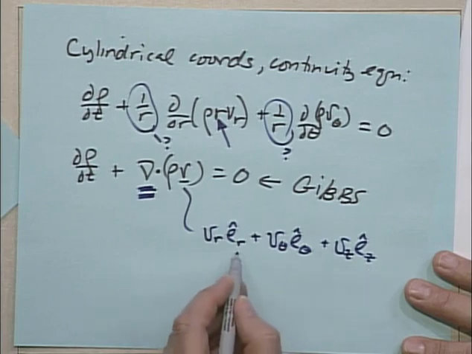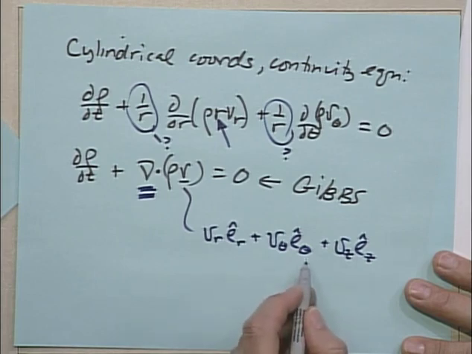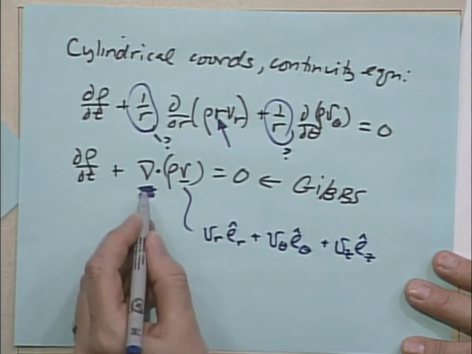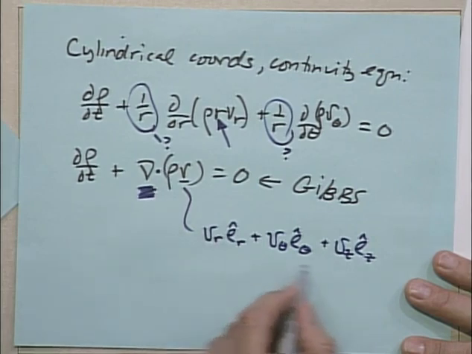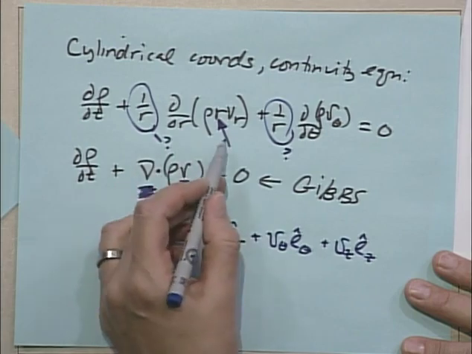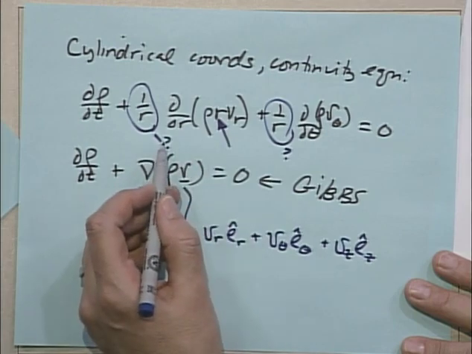But when I operate it on er, er changes with position. When I operate it on e theta, e theta changes with position. And those extra operations when del operates on this vector in this coordinate system lead to these extra terms. Okay, that's where they come from.